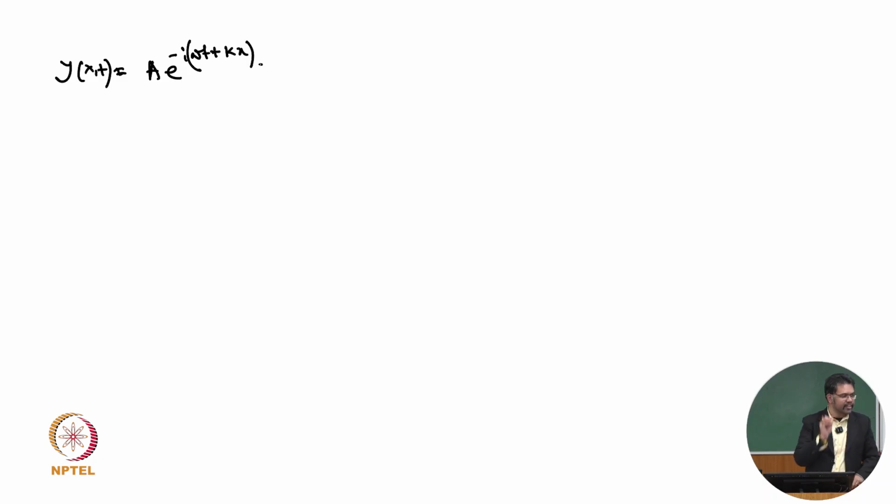Now here there is one important point I need to mention: often you will find that equations are written in a different manner. Like I started this way, which is how I started in teaching. People may also write omega t minus kx.